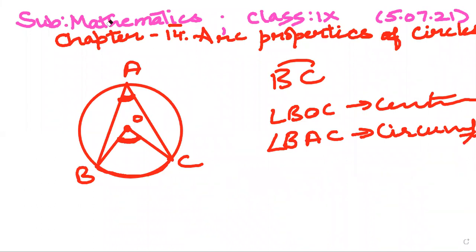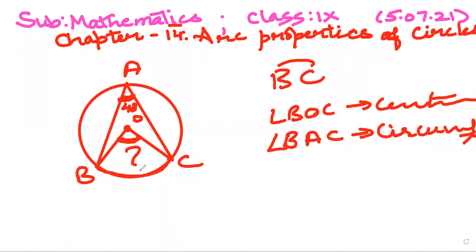Suppose in a question it is given that the angle subtended by arc BC is 90 degree, or 40 degree. Fine, it is around 40 degree. Sorry, not at the center, I'm saying it is at the circumference. Let me erase it. Suppose the angle subtended at the circumference by the arc is 40 degree.